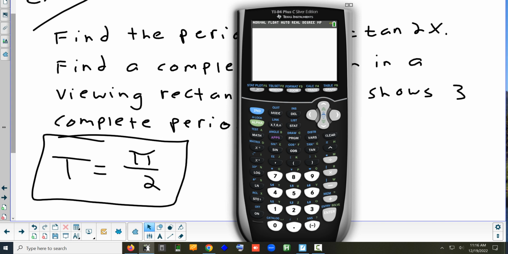And let's say we want to show exactly 3 cycles. How wide does my window have to be to show 3 periods? 3 pi over 2. It has to have a width of 3 pi over 2. So what's one way that I could get a width of 3 pi over 2? I could go from 0 to 3 pi divided by 2. Yeah, that's probably the easiest way to do it.